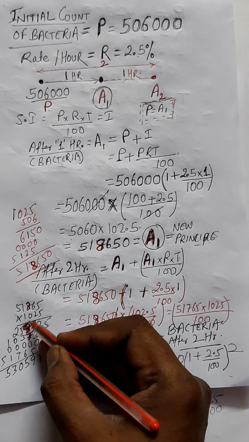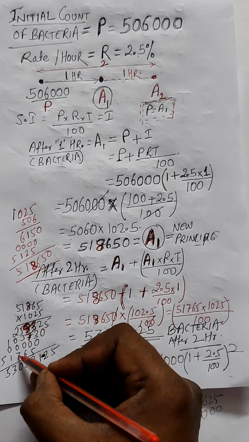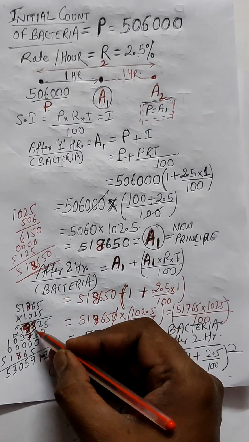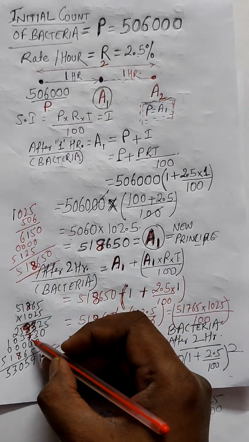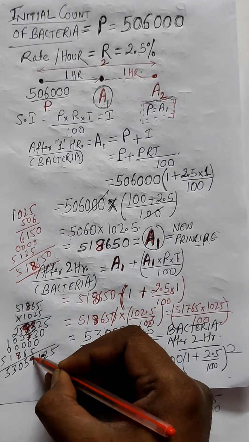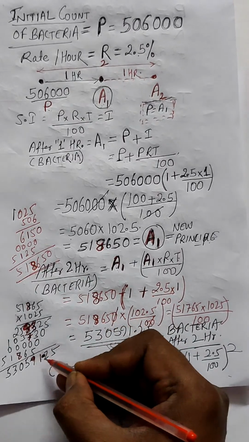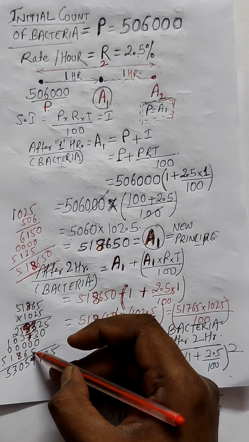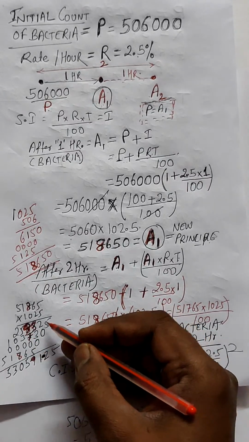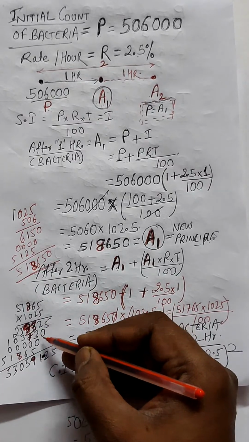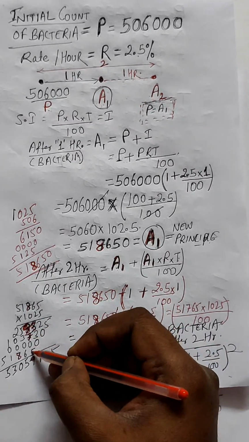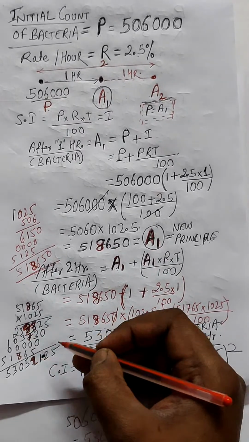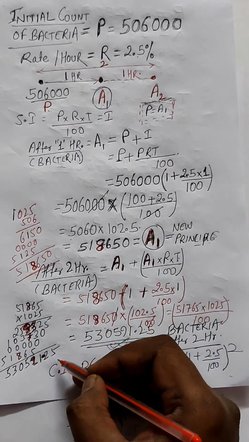From 1, 5, 6, 8, this will be 8, right? So this will be coming as 5, 2, 8 plus 3 is 11, carry 1. So do this calculation, that is not an issue.